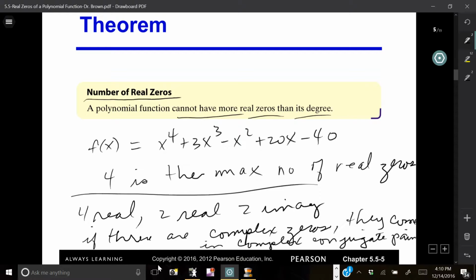Just to sort of get you ready for that, if x equals 1 minus i is a 0, then 1 plus i is a 0.